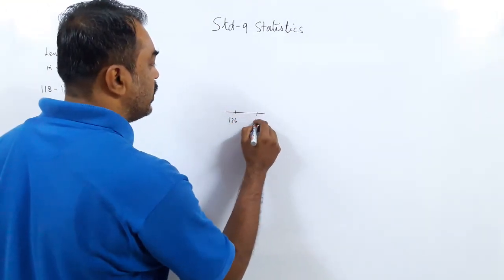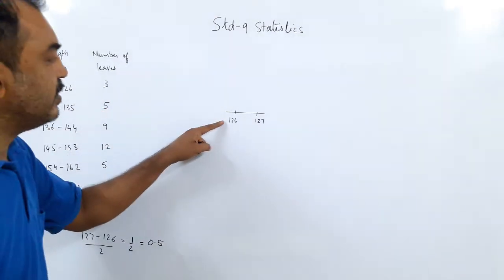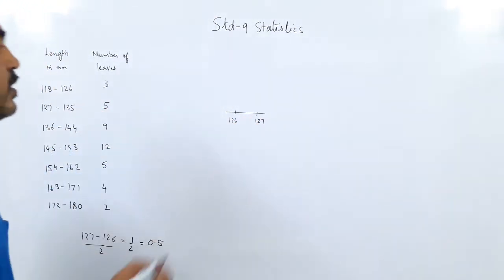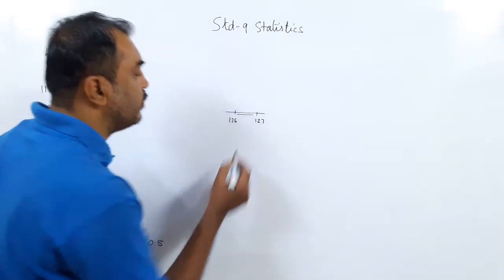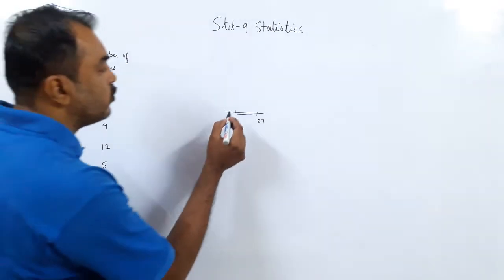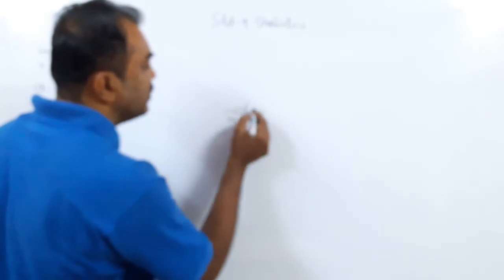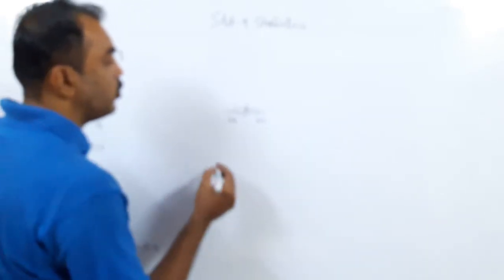This class 118 to 126 ends at 126 and 127 begins from here. So there is a gap of 1 in between. I want to fill the gap, so I will find the half of the gap. It is 0.5. So I increase 126 by 0.5, but 127 I decrease by 0.5.